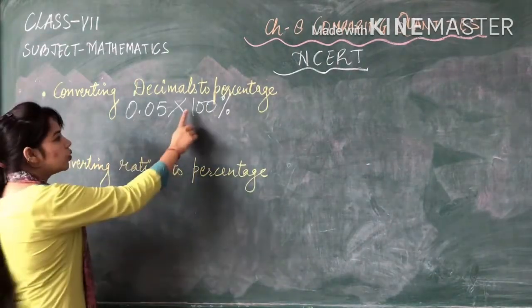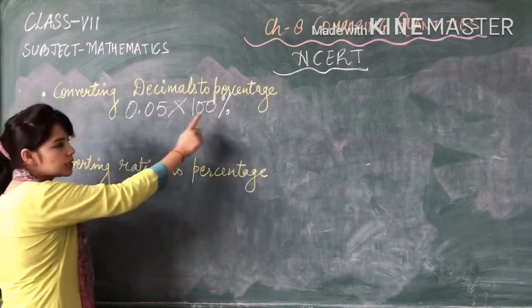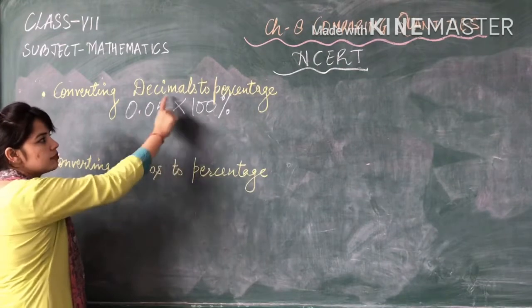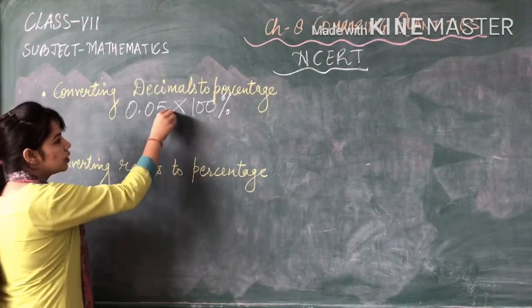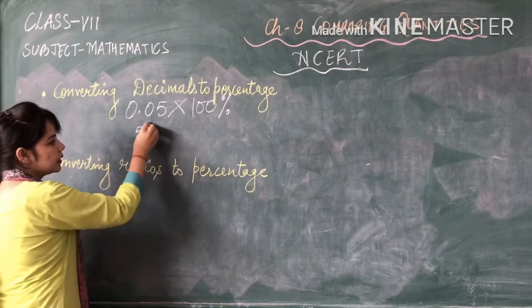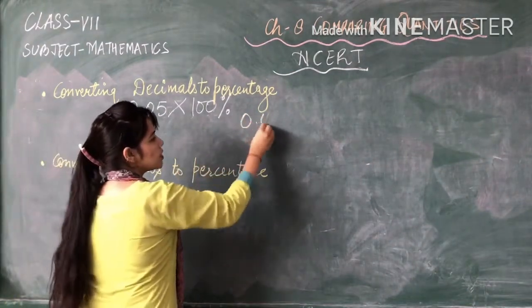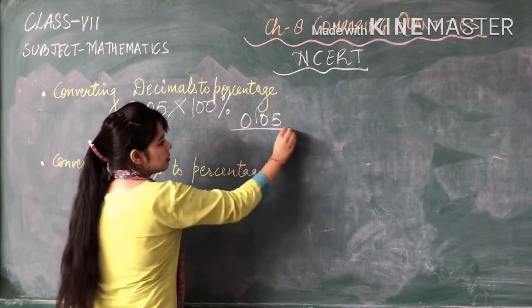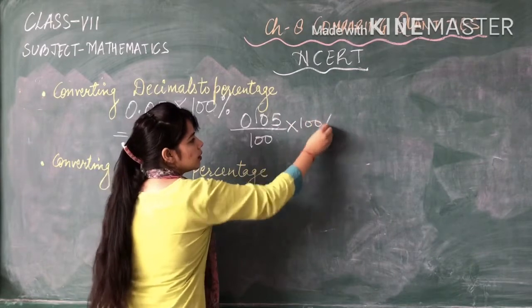First, you know that it is multiplied by 100, so simply count the number of zeros. There are 2 zeros, so you will shift the decimal 2 places towards the right. And 1 to here, it will be 5%. The other way is that 0.05, when you remove the decimal, you will get 5 upon 100 into 100%.